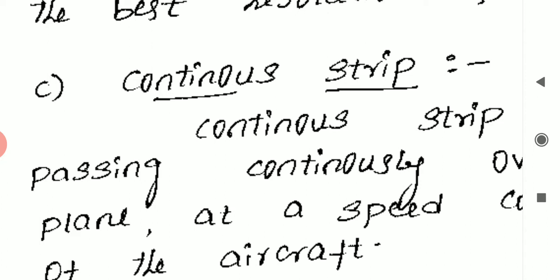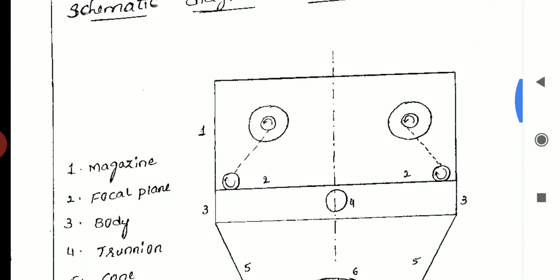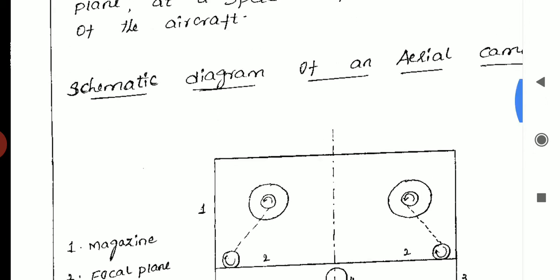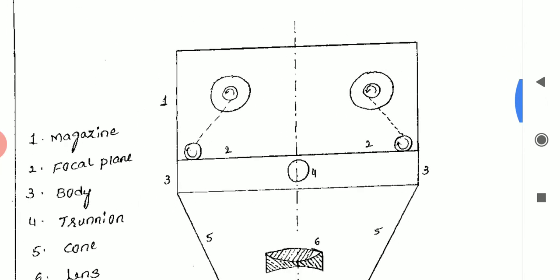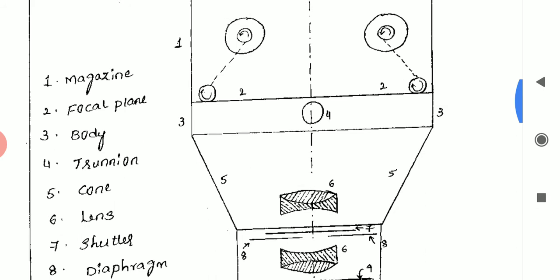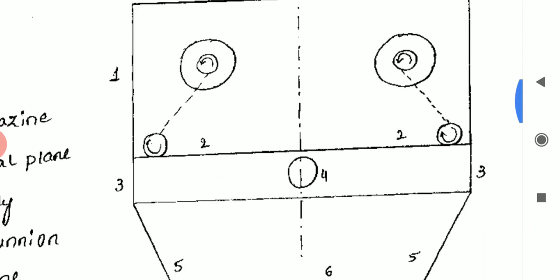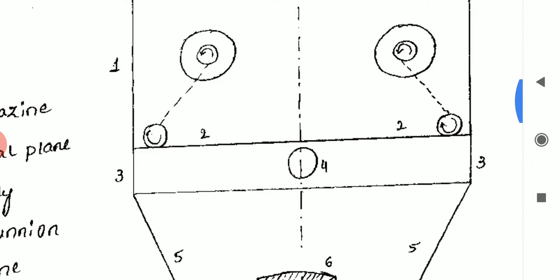Okay, and the aerial camera: how its parts are arranged. See here, this is an aerial camera. First one is the magazine, second is the focal plane, third is the body, and fourth is the trunnion axis.